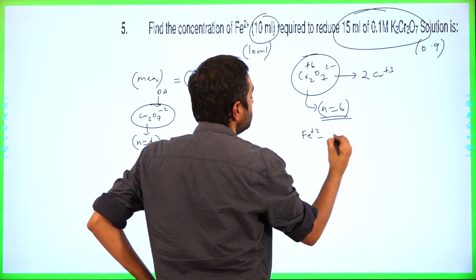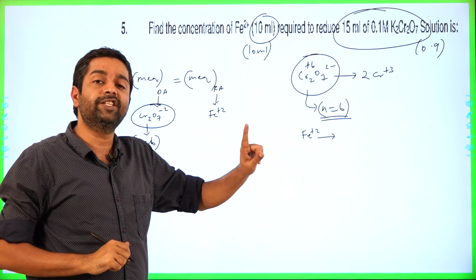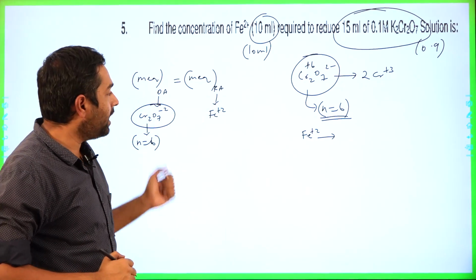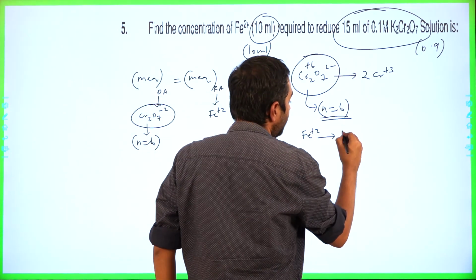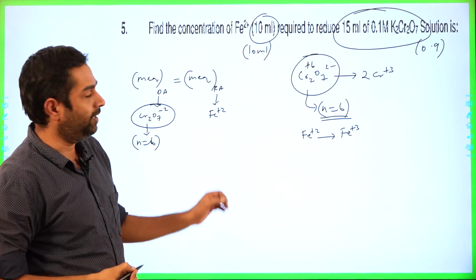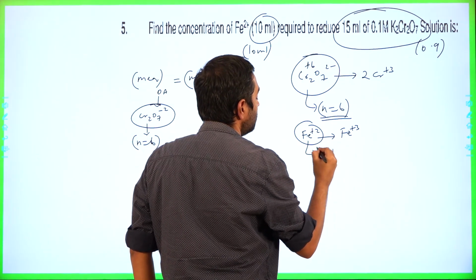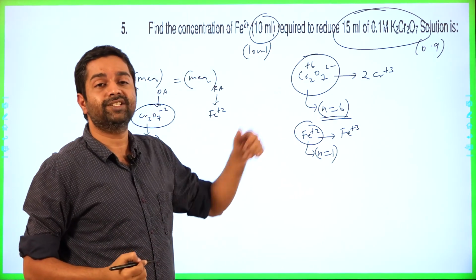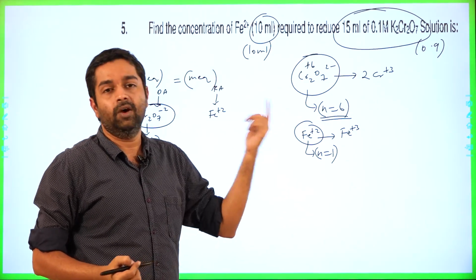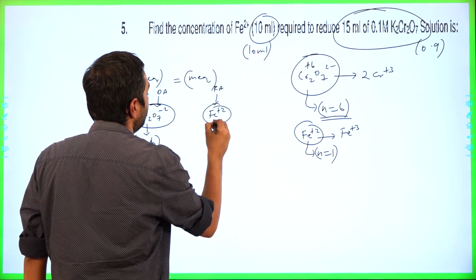When undergoing oxidation, it acts as a reducing agent, correct? The reducing agent undergoes oxidation, so iron +2 becomes iron +3. The N factor for this works out as 1, because the change in oxidation state is only 1: +2 to +3, only one ion is available.